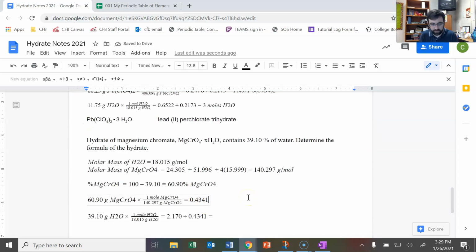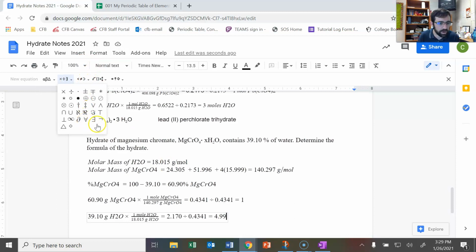And 0.4341 divided by 0.4341, of course, equals 1. But if I divide this by 0.4341, I get like 4.99, which is approximately equal to 5. So it's close enough to 5 that we can call it 5.